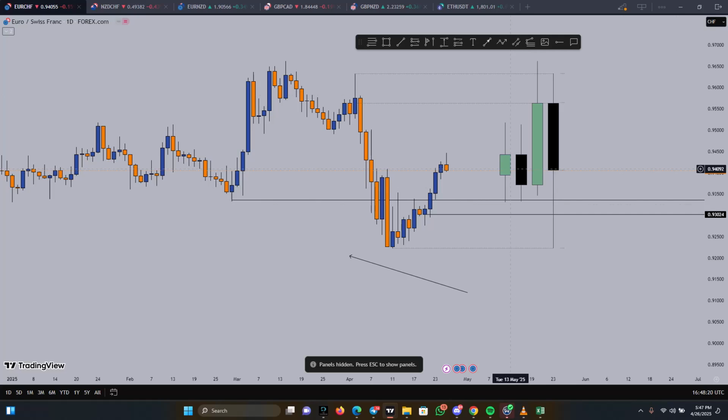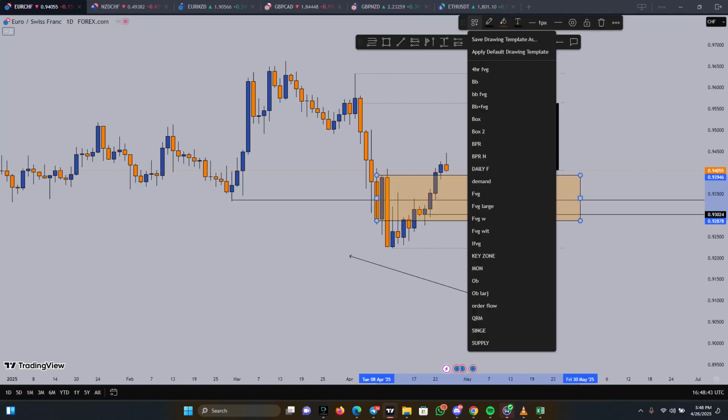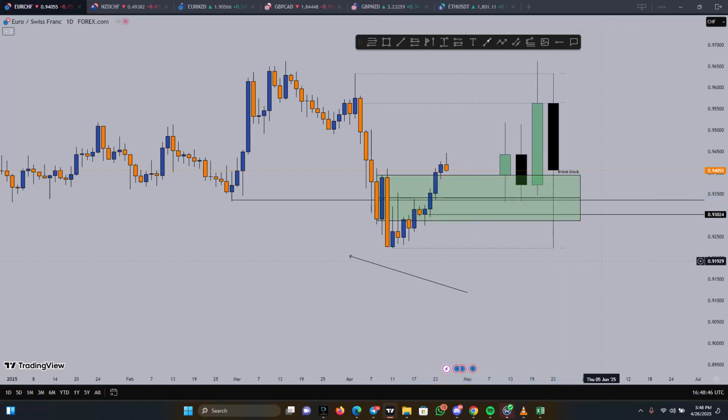This particular area, basically just this area. Anything from this area that I'm buying. Once I get my opportunity, I'm buying from this area.